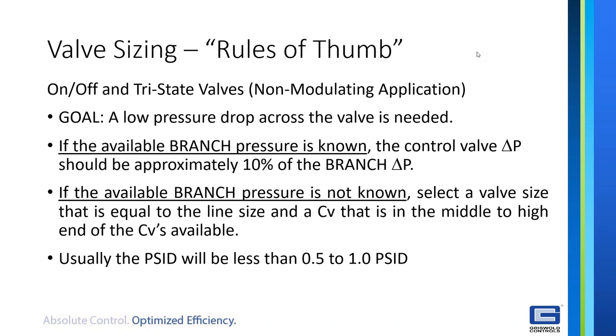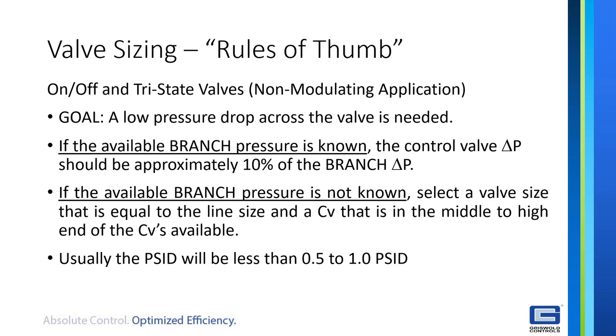I don't usually pick the highest CV. I still try to bring the pressure drop to about 0.5 to 1.0. I try not to exceed 1.0. The reason I don't always pick the highest CV available is because I've had too many times where the contractor thought it was going to be on-off. They sized it for that.